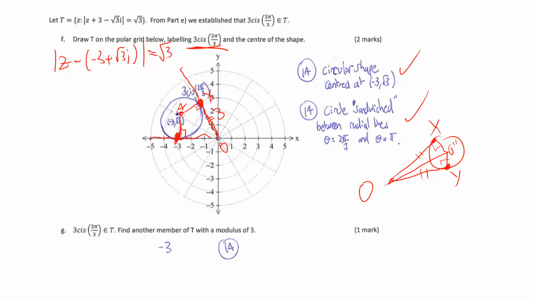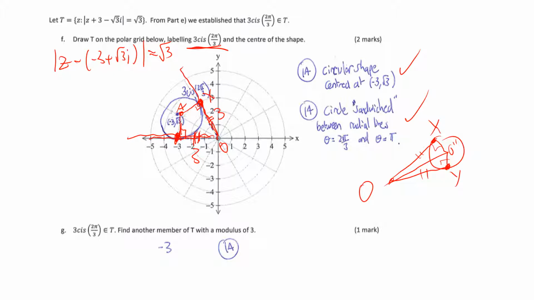Moving another pi on 6 further around creates the radial line pi, which marks the negative real axis. So of course that length here must also be equal to 3, bringing in our geometric understanding.